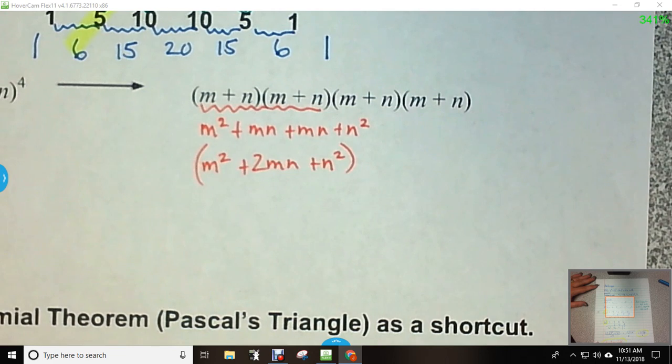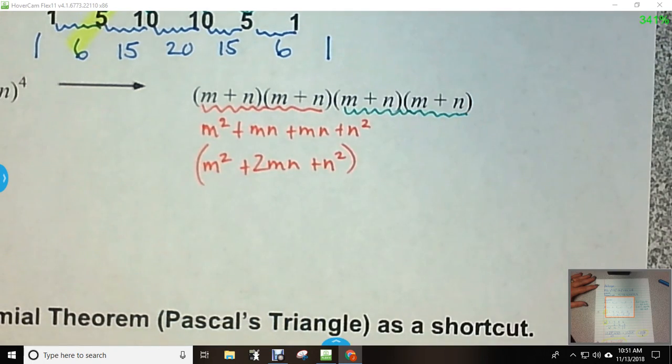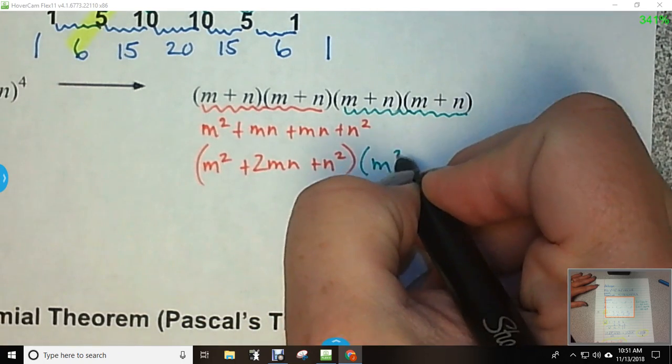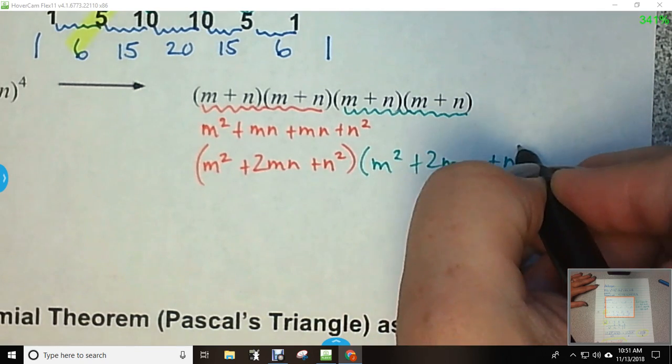When you get that one finished, double check it with mine up here. You know if you have questions about it, because then I have to multiply m plus n times m plus n again. And I don't want to redo all the same work, so I'm just going to use the answer I got the first time.